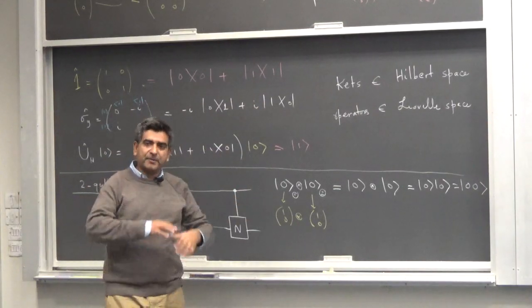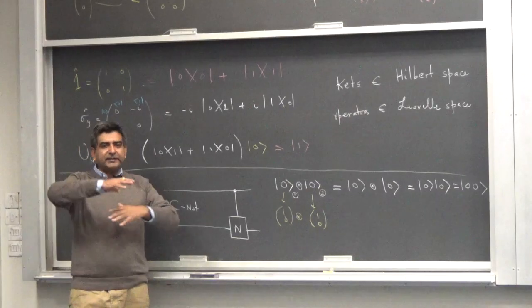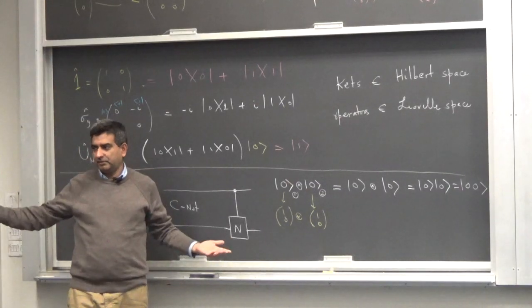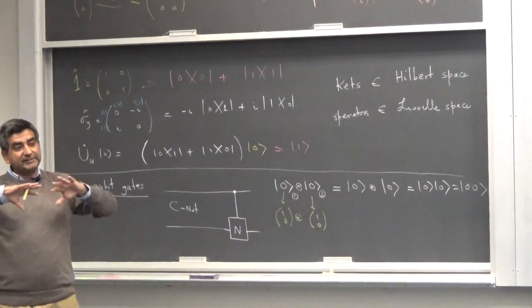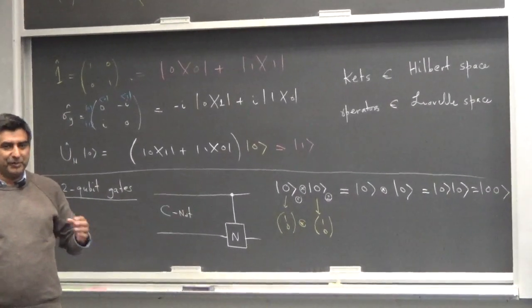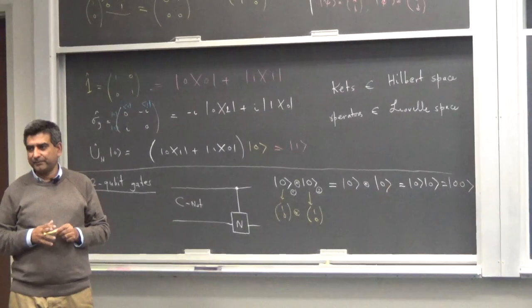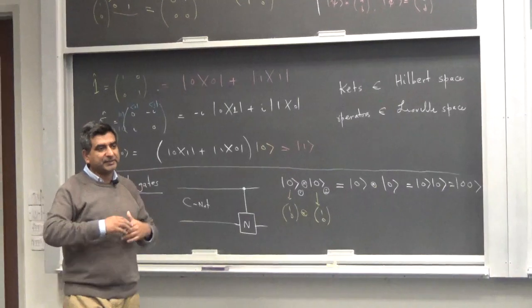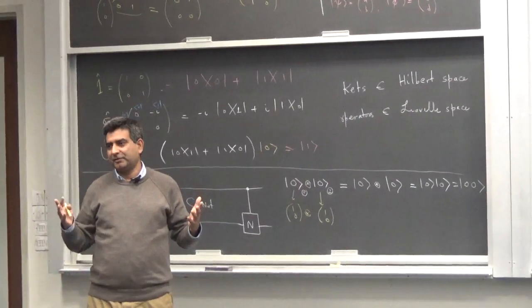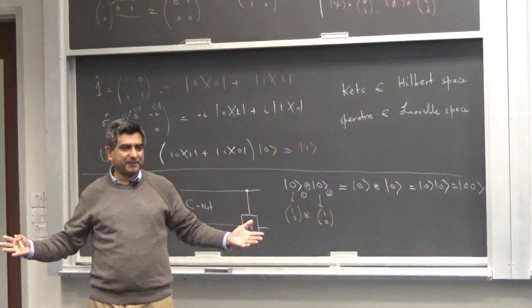But now here we're talking about 2 qubits. So immediately the space becomes bigger. And in order to describe this 2 qubit space, we need 4 basis vectors. It becomes a 4-dimensional space. If there were 3 qubits, it becomes an 8-dimensional space. 4 qubits, 16-dimensional space.